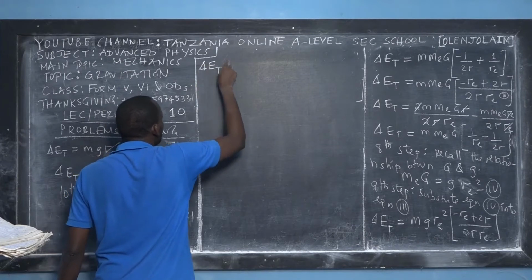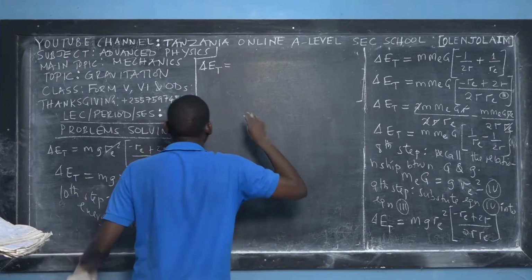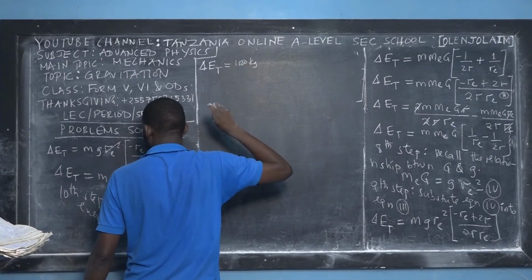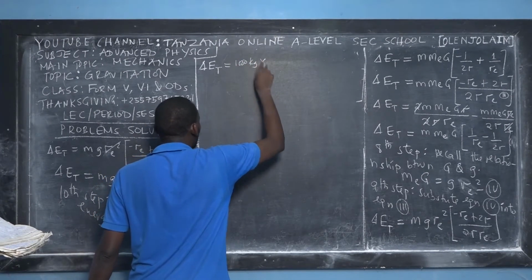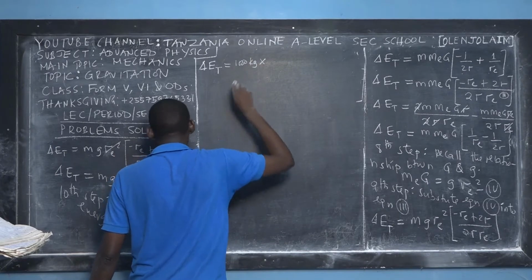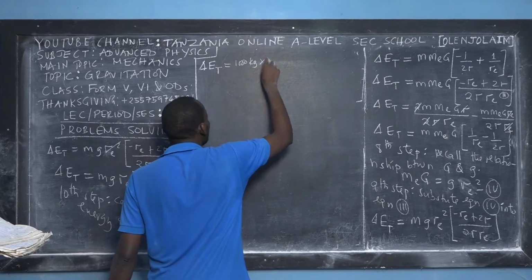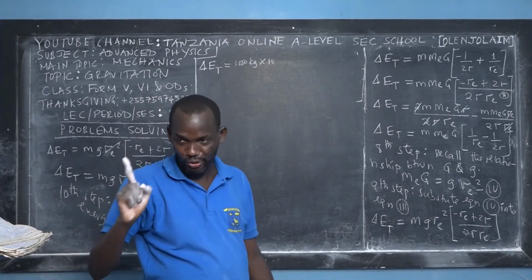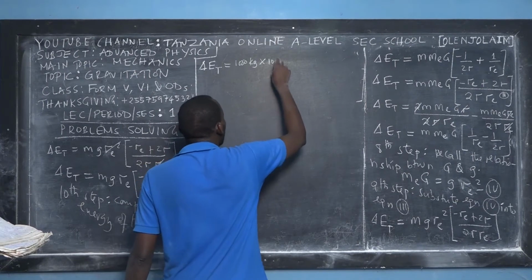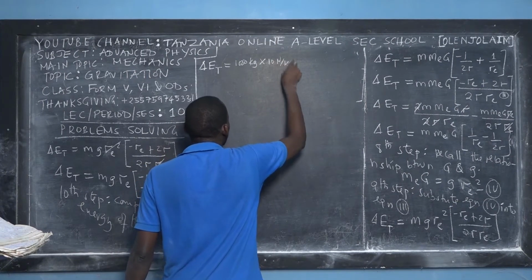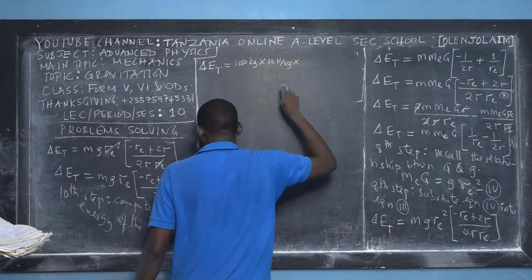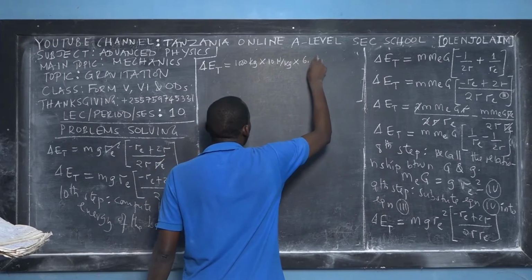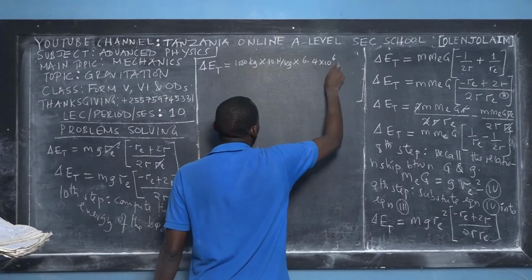Okay, change in energy is equal to what? It begins with the mass of the satellite, 1,000 kilogram, sorry, not kilometer. 1,000 kilogram. Excuse me. Acceleration due to gravity, we have been given 10 meter per second squared or 10 Newton per kilogram. Understand that? 10 Newton per kilogram. And then we multiply with the radius of the Earth, which is 6.4 exponent 6 in other words.